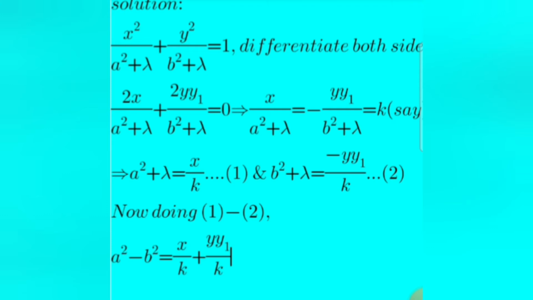This implies k equals x plus y1 over a squared minus b squared. Let us call this 3.